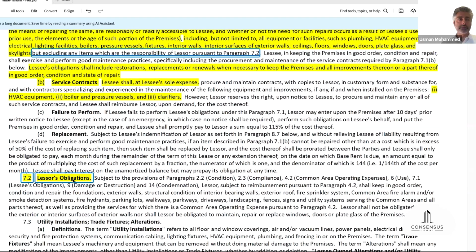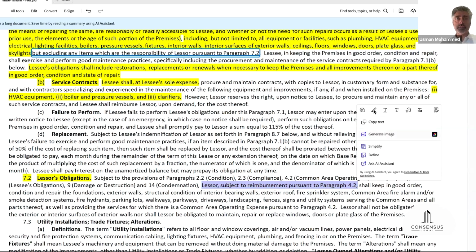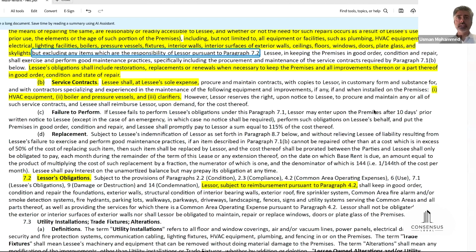lessor's obligations. And here, lessor is responsible, and it's subject to reimbursement. This is a multi-tenant lease. So lessor gets reimbursed for these maintenance and repair responsibilities.